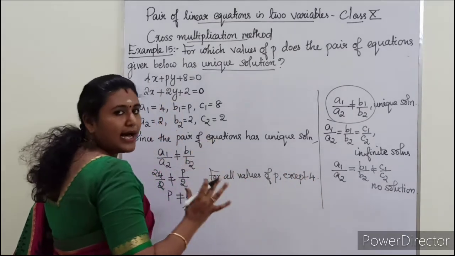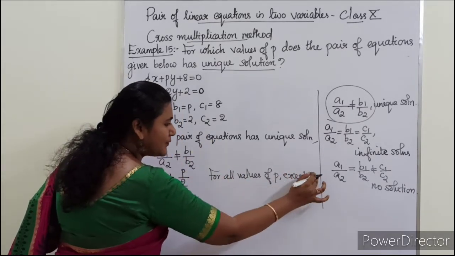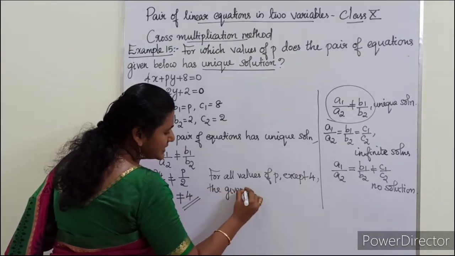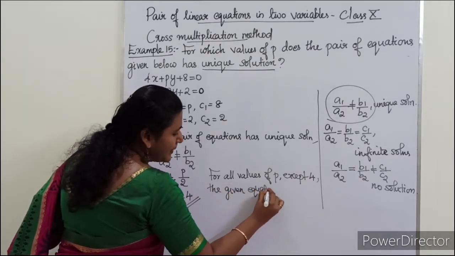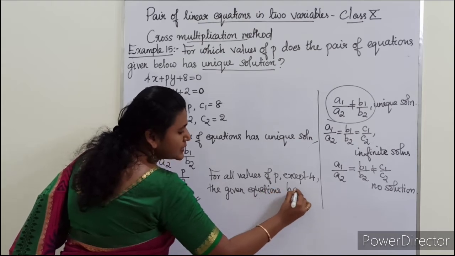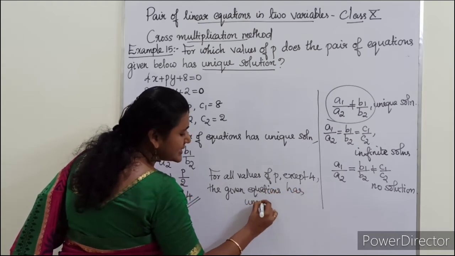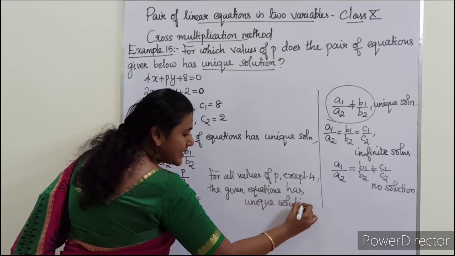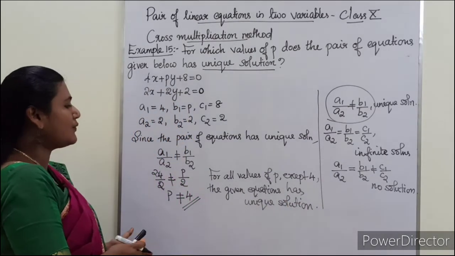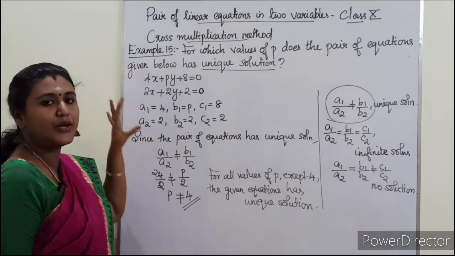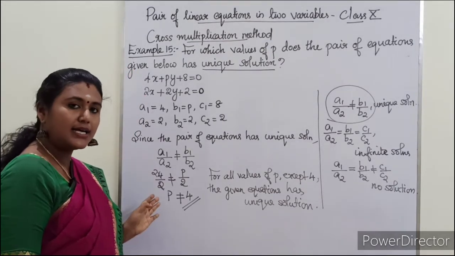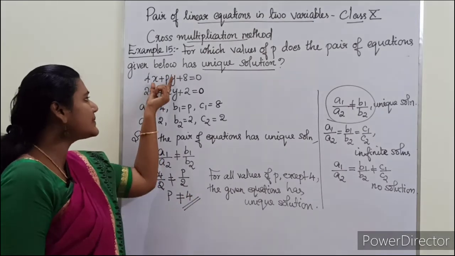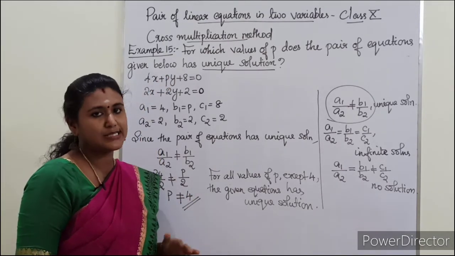So for all other values of p except 4, the given pair of equations has unique solution. So this is the answer. This is how you have to do unique solution. So except 4, if p is equal to 4, then this pair will not have a unique solution. So other than 4, all other values of p, this pair of equation will have unique solution.